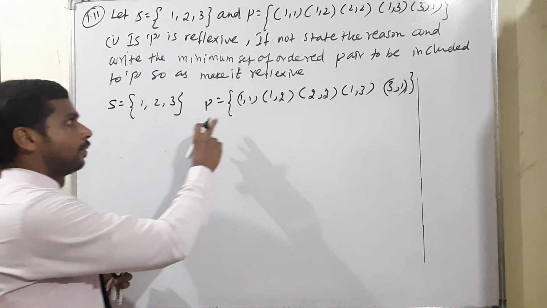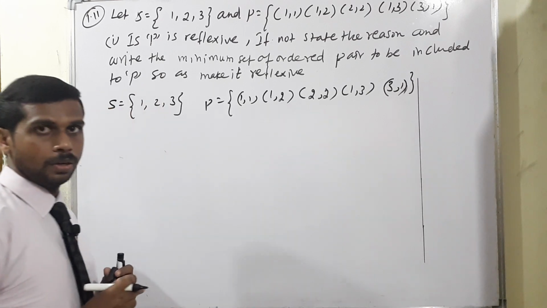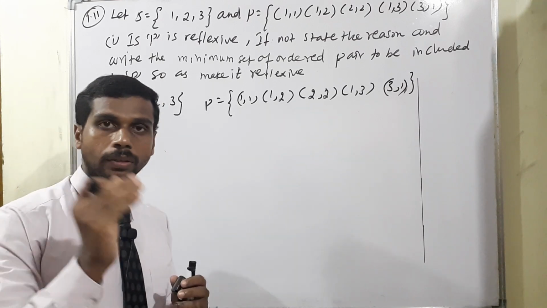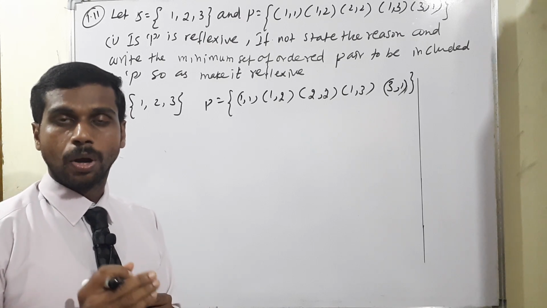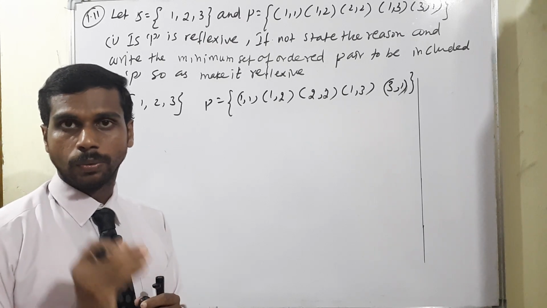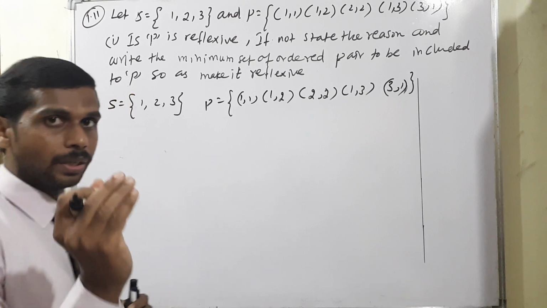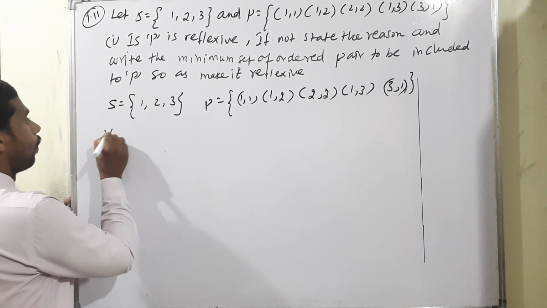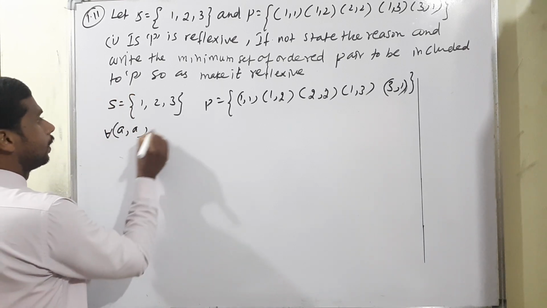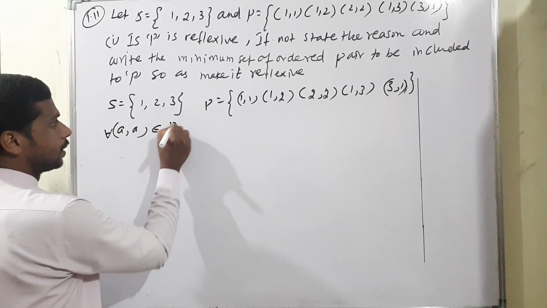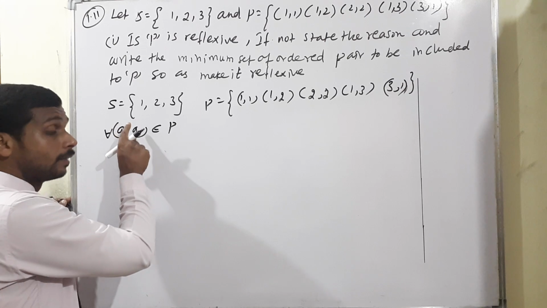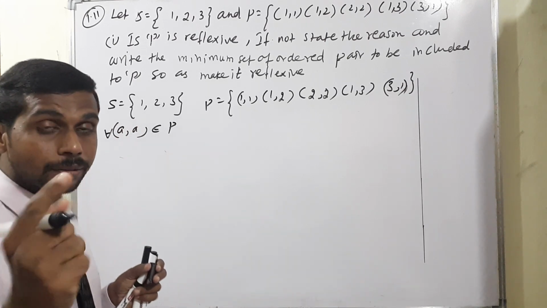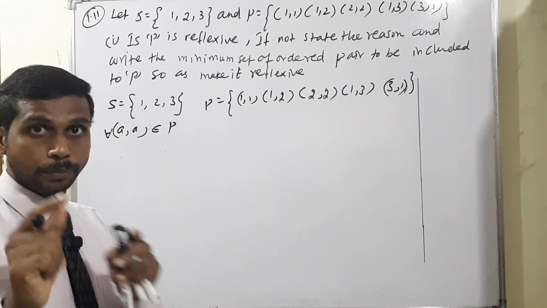First we check whether it's reflexive or not. I have already given a clear concept in the last class video, so if you have doubts, go to the previous link and you will get a clear idea. What is the meaning of reflexive? For all a, the pair (a, a) belongs to P. Reflexive means for all.